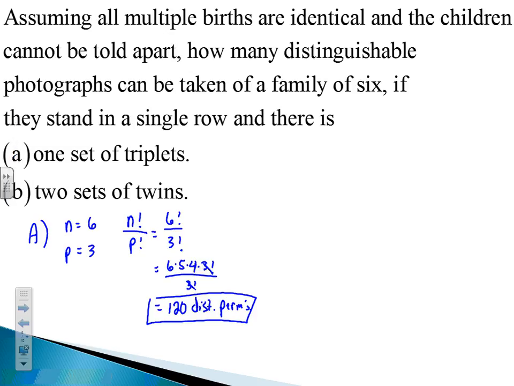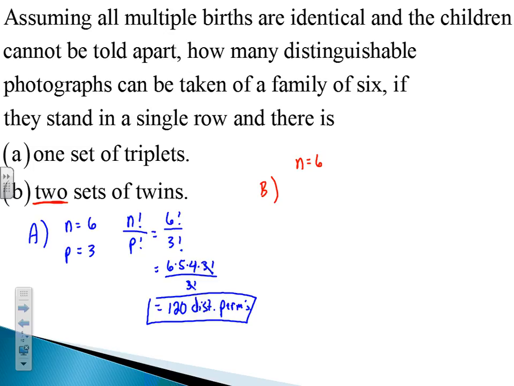So now let's take a look at our second example. Well, still 6 family members, but now we have 2 sets of twins. The total number of people that we have is still the same, 6. But now I have 2 sets of twins, and that's kind of the key word here. That's the thing that separates it from the original one: we have 2 unique things as opposed to 1.